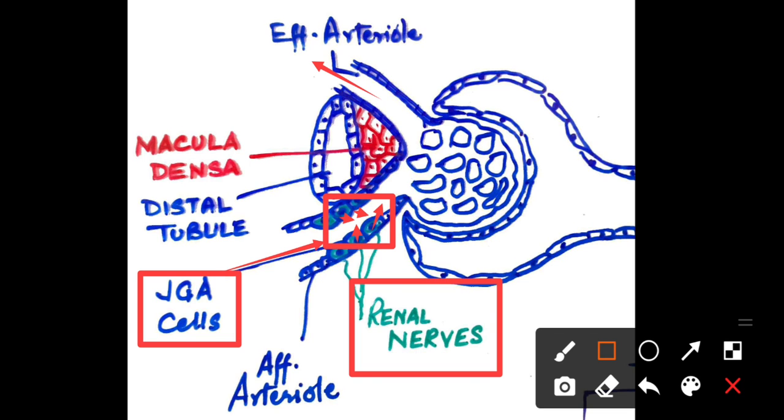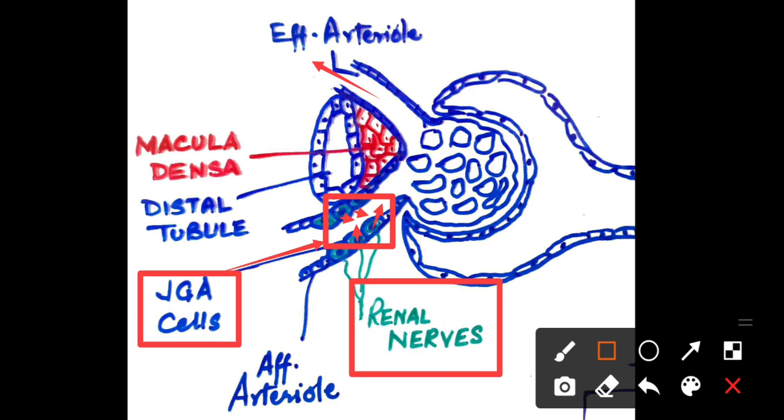Out of these 10 residues, 2 amino acids will be broken down by the converting enzyme, and angiotensin 1 will be converted into angiotensin 2, which is an 8 residue peptide. So we have angiotensin 1 converted into angiotensin 2 in the blood.